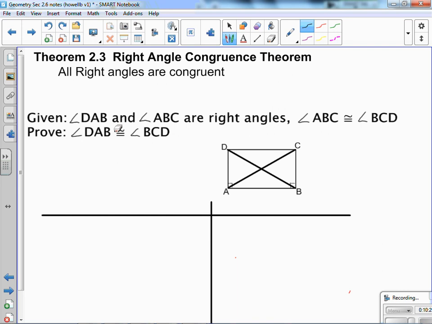So, given that angle DAB and angle ABC are right angles, angle ABC is congruent to angle BCD, prove that angle DAB is congruent to angle BCD. So trying to prove that DAB and BCD are congruent. So this angle here and this angle here we want to prove are congruent. And we're given that DAB and ABC, these two angles down here, are right angles.